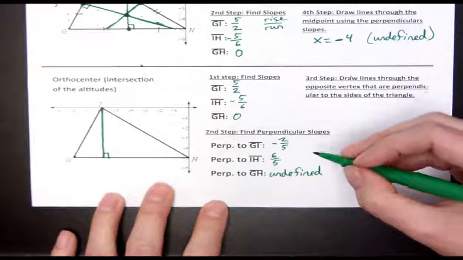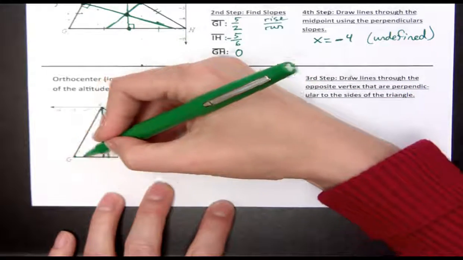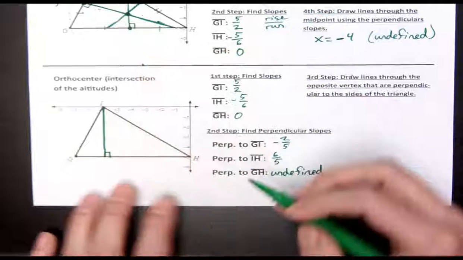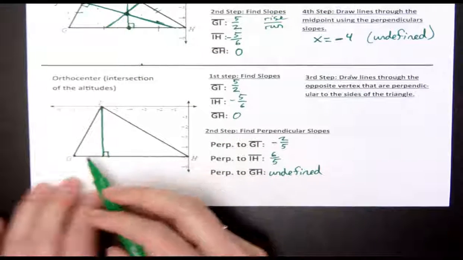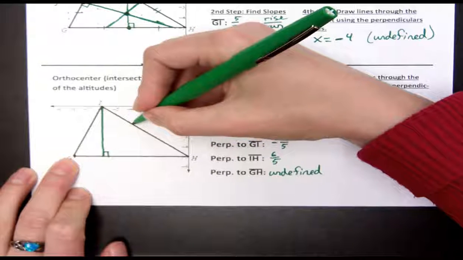Oh, I do need to point this out. When I said the perpendicular slope, I have to come to my opposite side, which is GH. So the slope you take is the one that's opposite to your point. So which slope am I looking at if I'm coming from G to hit that line? Yeah, IH. I need perpendicular to here, right?